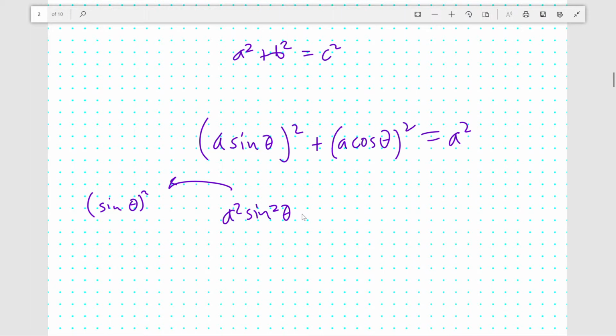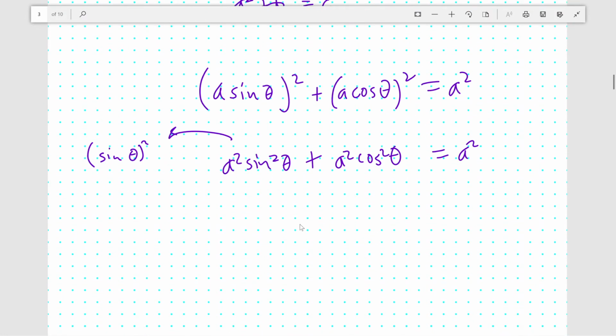So you have a squared sine squared theta, plus a squared cosine squared theta is equal to a squared. And now what you can do here is just divide both sides by a squared to find our original identity. We get that sine squared theta plus cosine squared theta is equal to 1, because a squared over a squared is 1. And we have our identity here.